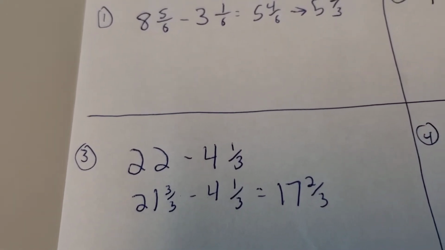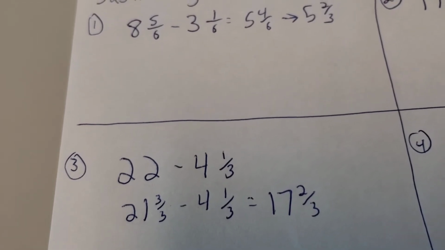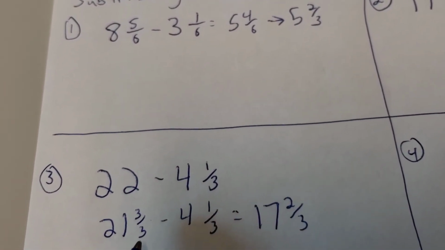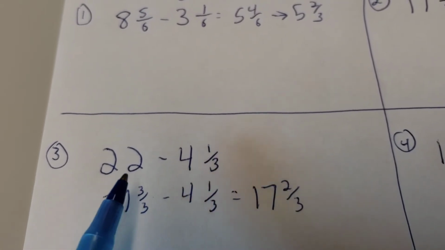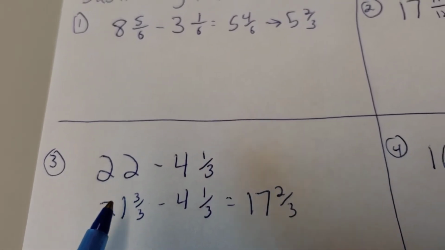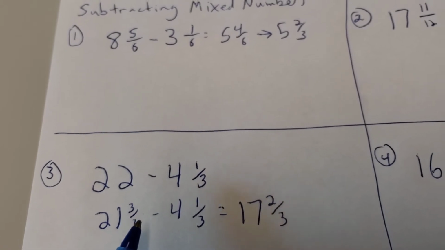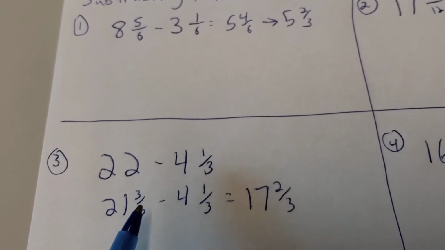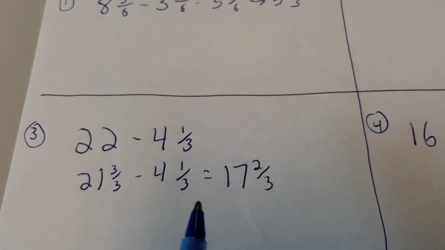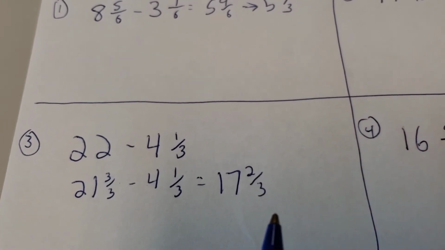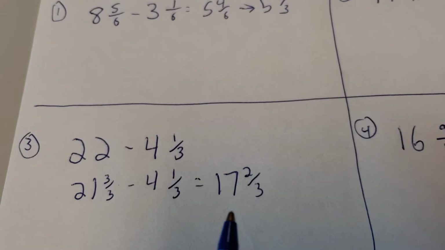Now I took 1 away, and I kept 3 as a denominator, and I filled it all the way up. So 3/3, which is the same as 1. So 22 is really 21 plus this extra 1 here. 3/3 is full. So now I was able to create that fraction to take away 1/3. So 3/3 minus 1/3 is 2/3, and 21 minus 4 is 17.